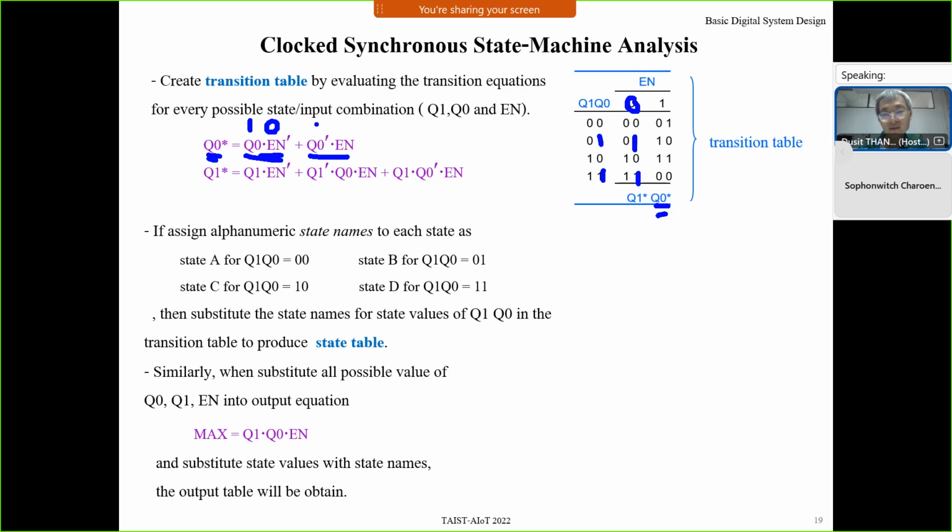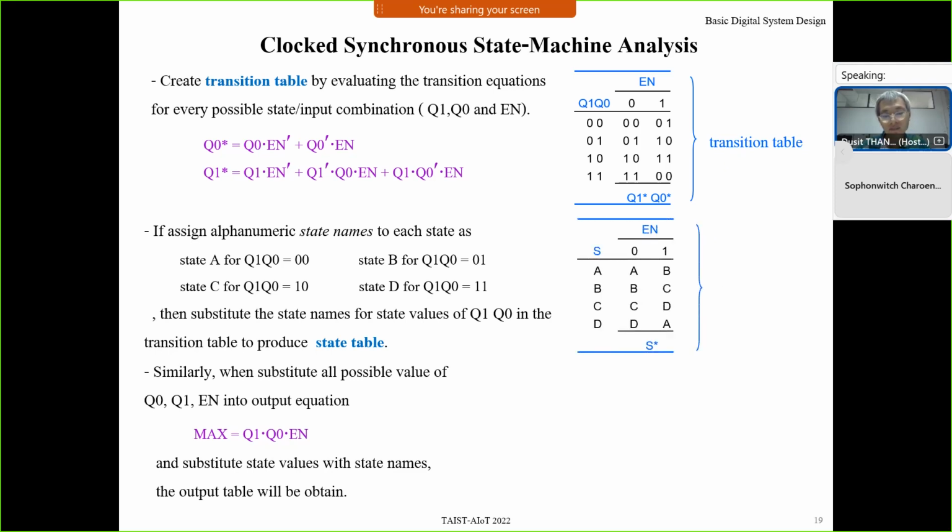And for this one also, 0, 1, right? 0 here, 1 here, so 1, 1 here. For another value 0, like a K-map. Okay, so this is called a transition table.